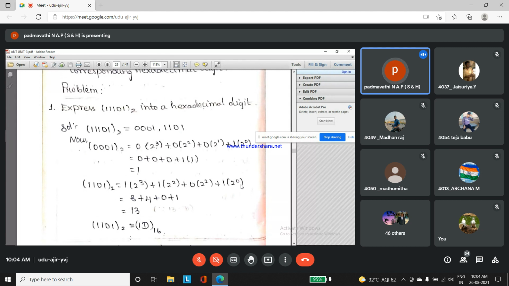It is equal to, taking from up and down, 1 and 13.